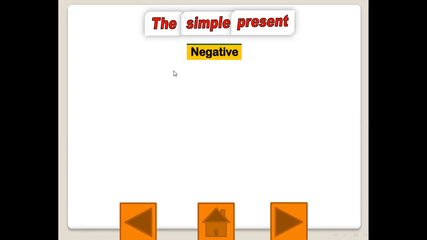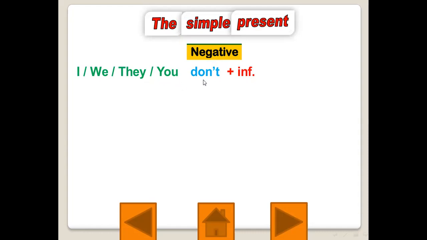Let's know more about the simple present tense in its negative form. We use don't or doesn't. For the negative form of the simple present tense, we will use don't or doesn't. What about don't? After don't, we will add the infinitive, and the sentence will begin with any of these subject pronouns: I, we, they, or you.